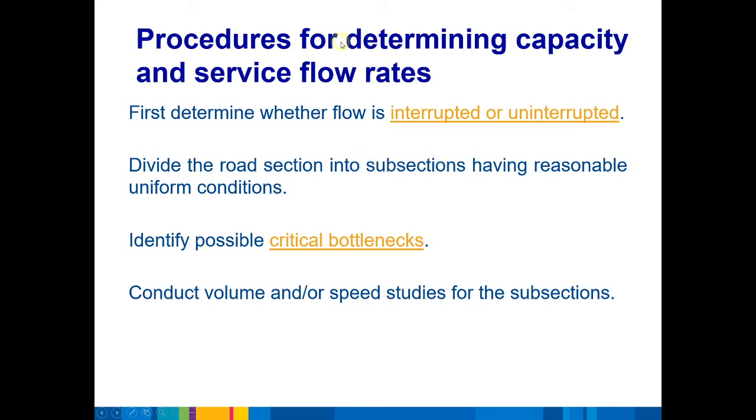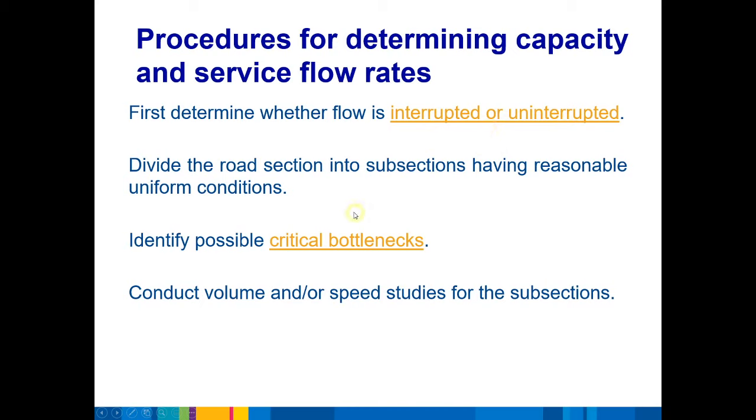Now, we've got a few ways of determining capacity and service flow rates. One of the things we need to do is first determine whether the flow is interrupted or uninterrupted. If we have an interrupted flow, then we need to make sure that we are accounting for the presence of those intersections, give-way signs and traffic lights. If the flow is uninterrupted, then we'll use a different kind of modeling to work out the capacity and service flow rates.